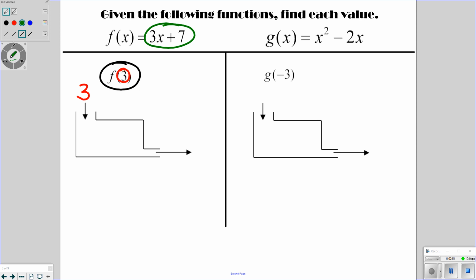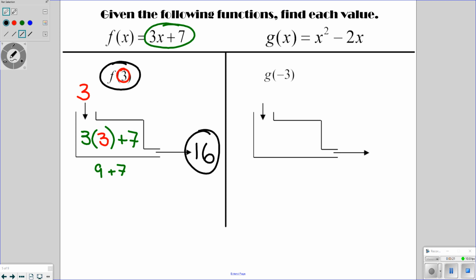So we're going to say 3, and anytime we have an x, we're going to replace it with a 3, because that's our input, plus 7. Now, a little bit of simple math. 3 times 3 is going to be 9. 9 plus 7. So we are going to spit out 9 plus 7, which is 16. So 16 is our answer there.